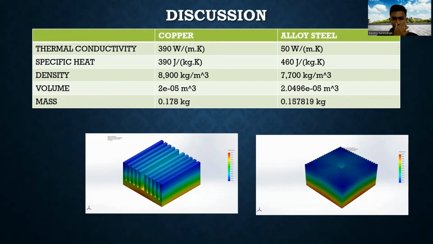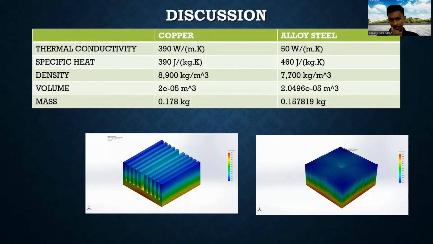First of all, copper has a thermal conductivity of 390 watts, specific heat capacity of 390 joules, density 8,900 kilogram per meter cube, volume of 2 power of -5 meter cube, and its mass is 0.178 kilogram.